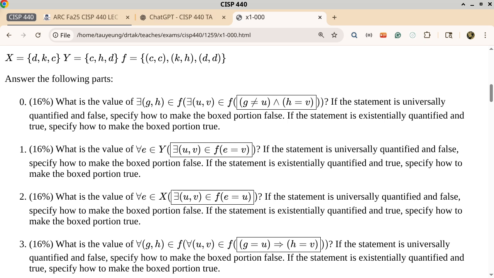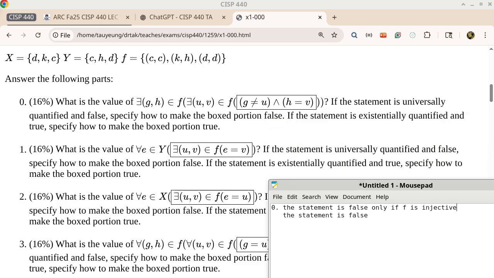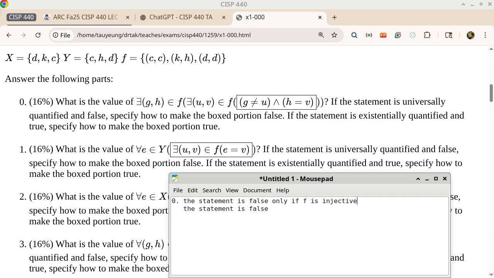Is it surjective if this whole thing is true, or is surjectiveness false when this whole thing is true? What do you think? That is correct. Yep. If every element in Y is mapped to in F, then the function is surjective.